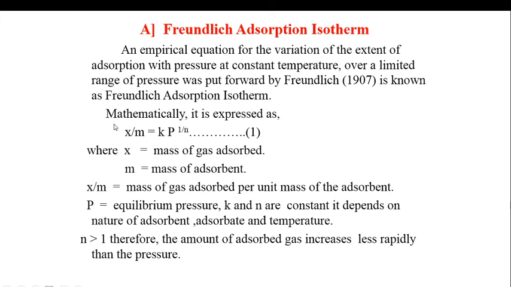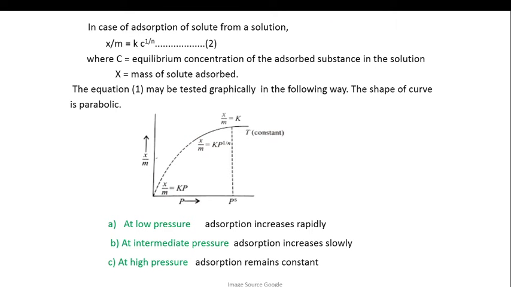This is the mathematical form of the Freundlich adsorption isotherm: x/m = kP^(1/n). In case of adsorption of a solute from a solution, equation 1 becomes x/m = kC^(1/n).